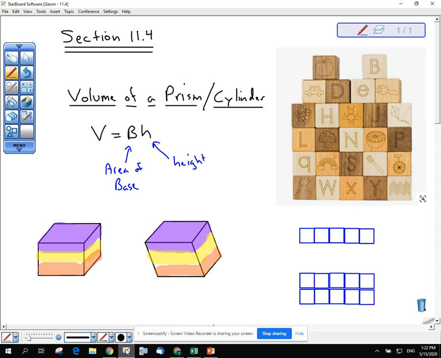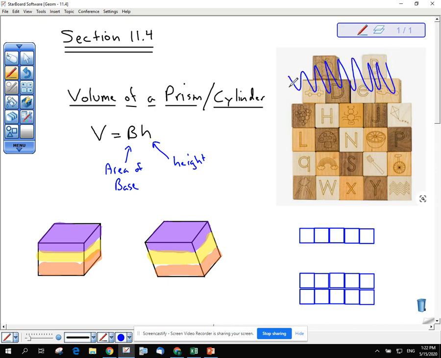For starters, this is the best picture that I could clip off the internet of these blocks. Now, we won't find the area of something like this because it's not consistent from bottom to top. So really, just right from the start, I want to take these out. Just pretend like these blocks aren't there.